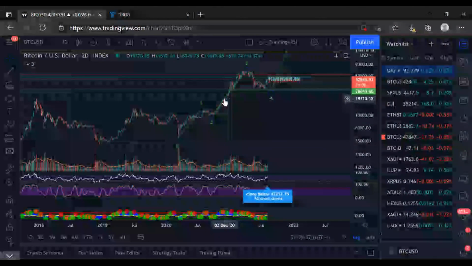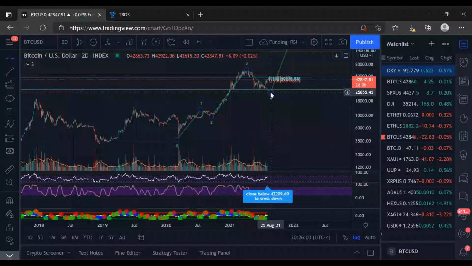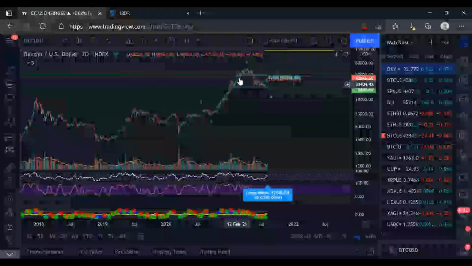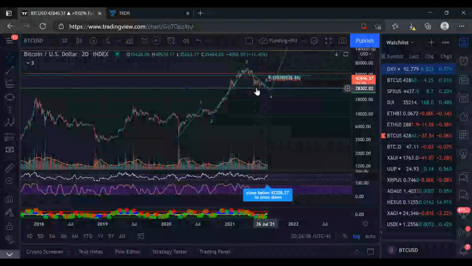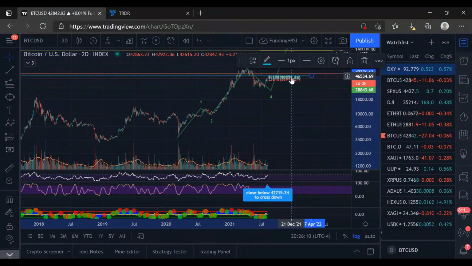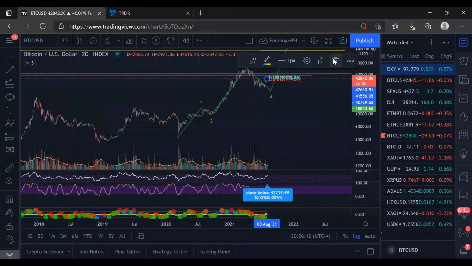But I'm actually expecting this to hold for now. I might see a wick down to grab this liquidity, but then moonshot. Let's take some measurements, and I can show you what I'm kind of thinking.